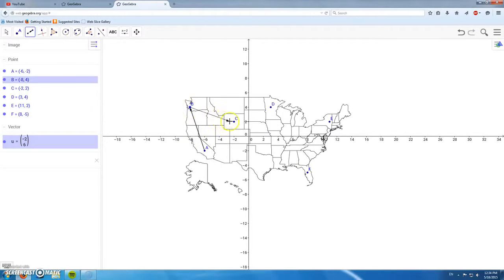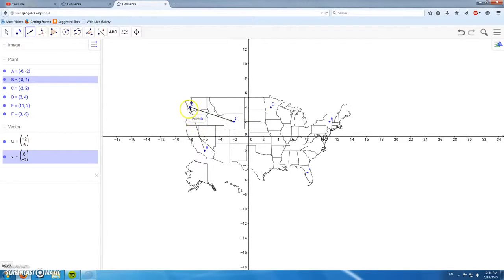From B to C, our vector would be 6, -2. If we add that to B, 6 plus -8 is -2, and -2 plus 4 is 2. Over here on the graph, you can see we go 2, 4, 6, and then we go down 2.